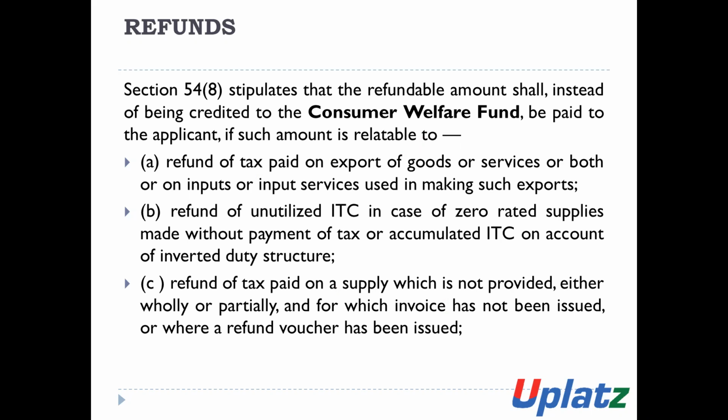relative to the amount of the refund, if the proper officer or the commissioner is not satisfied with any of the provisions. Means he is not satisfied whether the provision of unjust enrichment is satisfied or not. If he is not satisfied, then he can transfer the amount of refund to the consumer welfare account.